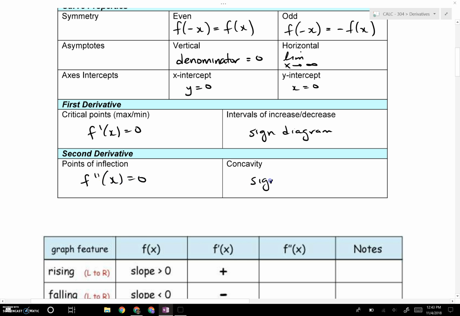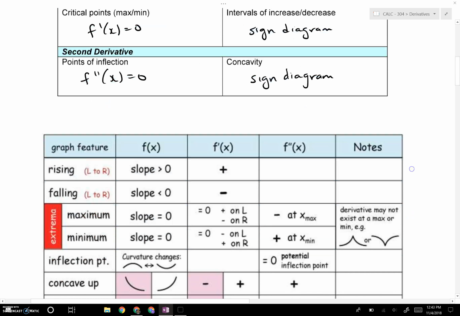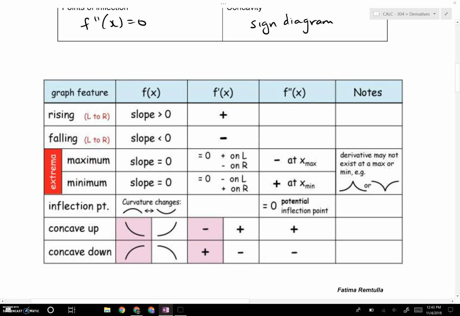And then again, we put another sign diagram together. When we put all of that information together, we get something like this, where we can figure out where the maximum and minimum are. We can talk about the changes in concavity. This small chart basically says exactly what I've just said above. It's just another way to show it.